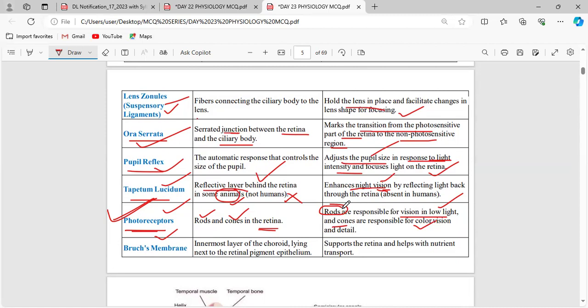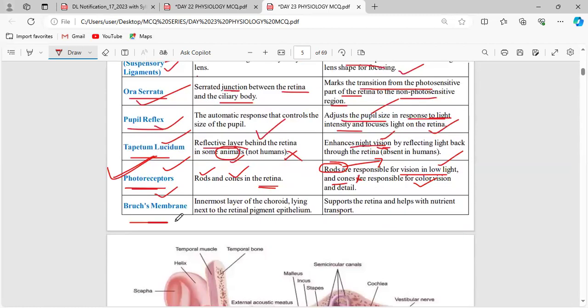So rod cells give black and white vision, and cone cells are the cells involved in differentiating colors. If there is any defect in the cone cells of the retina, it results in color blindness.